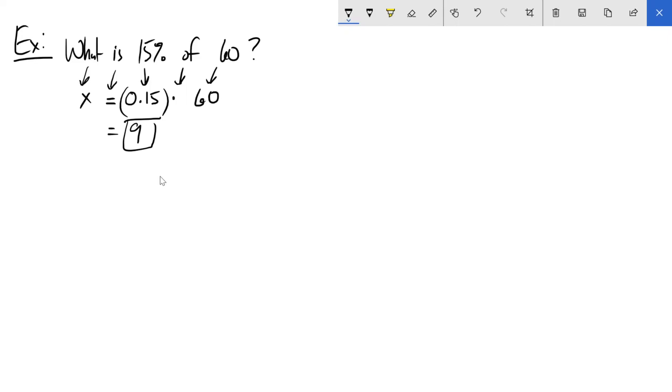Okay. And this right here, this is what I call the percent equation. There's other ways to solve percent equations, but I think this is the most straightforward way, and it's the way that's going to work as we move forward in your math classes.